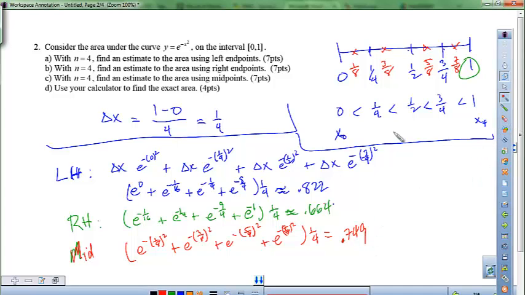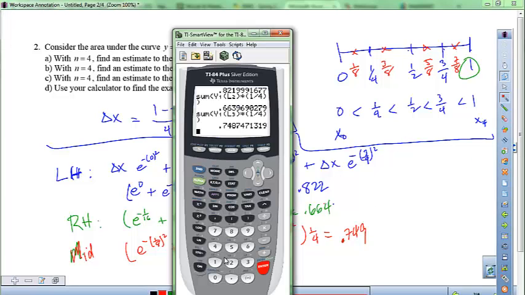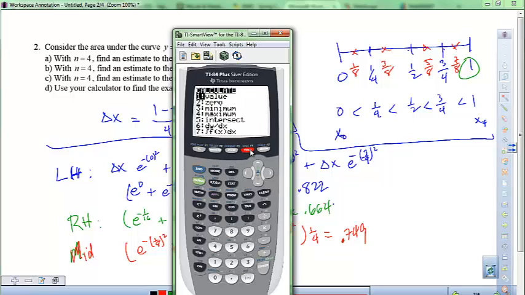And then for this last bit, they want us to actually use our calculator, find exact area, and we have our value in my function y1 already. So let's click on second function in calc, and if you look down here, one of the options in number 7 is the integral.